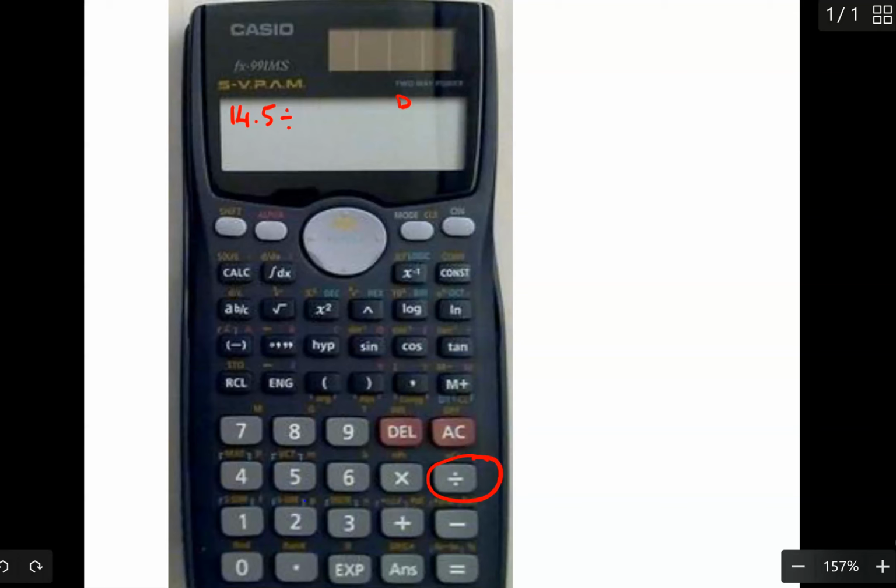Then divided by cos, and then you key in your angle, which is 36.3. Then you press enter.